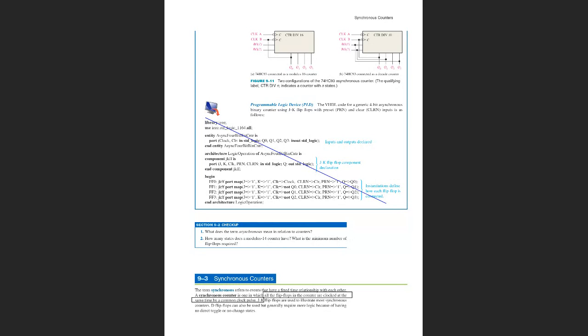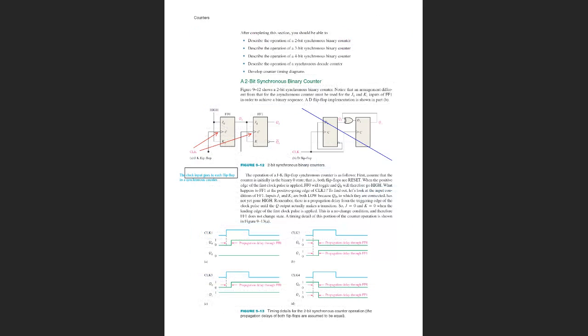Another type of counters are synchronous counters, when all flip-flops are clocked at the same time by a common clock pulse. Let's have JK flip-flops here, and again the situation is easy because, as you may see, J and K, both inputs in both flip-flops, are connected together.